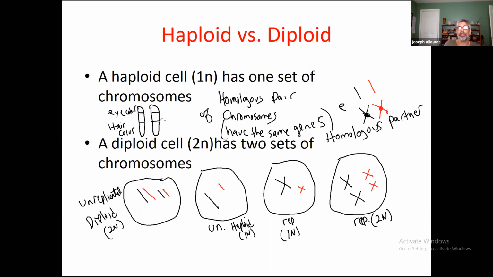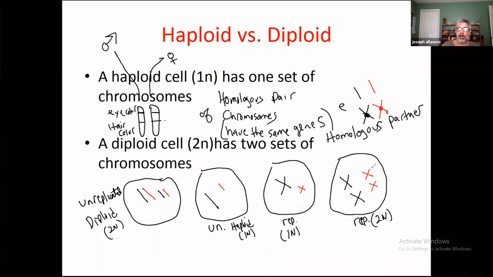Now, a couple of things to think about. Is the expression of the gene the same? Not necessarily. Where did you get these from? You got one from your daddy and you got one from your mama, right? So the expression doesn't necessarily have to be the same. In other words, maybe your daddy has brown eyes and your mama has blue eyes. But the fact is the gene is still the same. The gene is still eye color. Okay? So this is what makes them a pair of chromosomes.